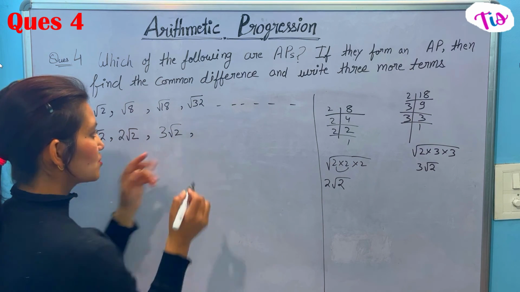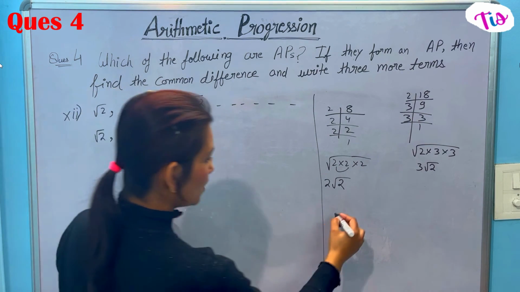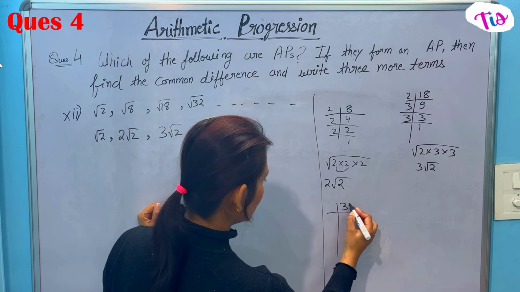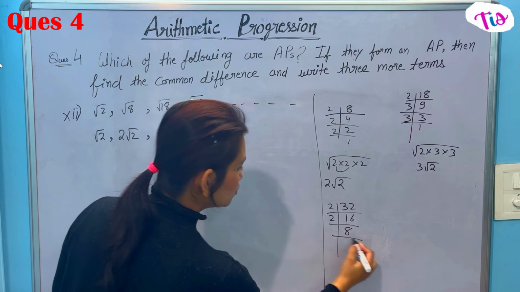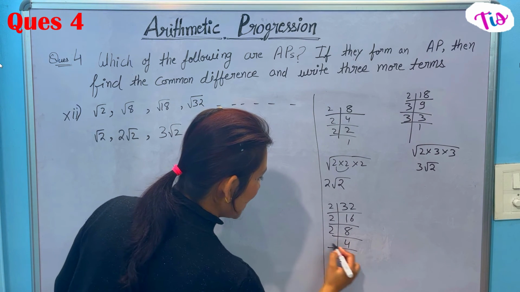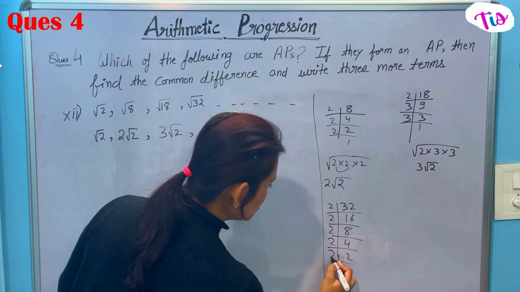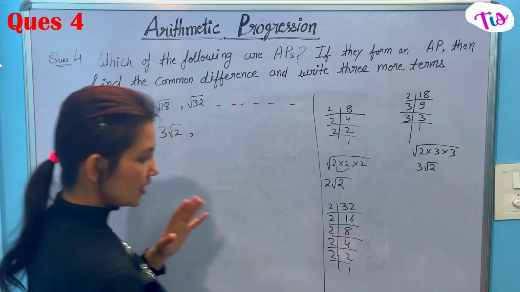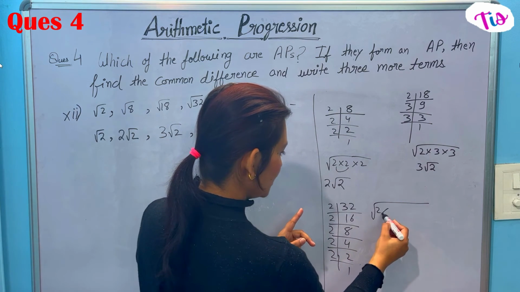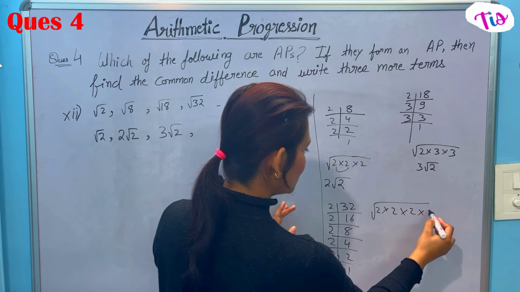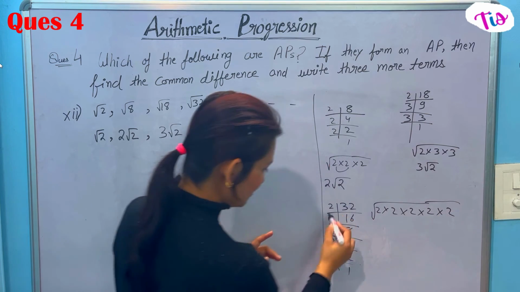Now again we need to simplify root 32. So again we'll do the prime factorization of 32. 32 is 2 times 16, 16 is 2 times 8, 8 is 2 times 4, 4 is 2 times 2, and again 2 is 2 times 1. So how can we write 32? 2 into 2 into 2 into 2 into 2, 5 times 2.